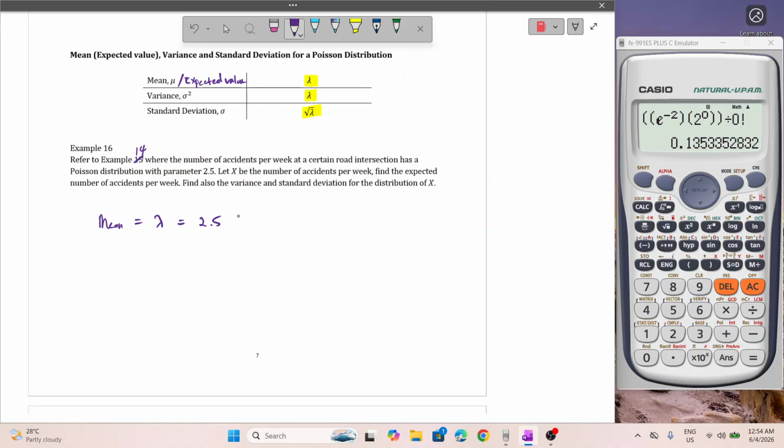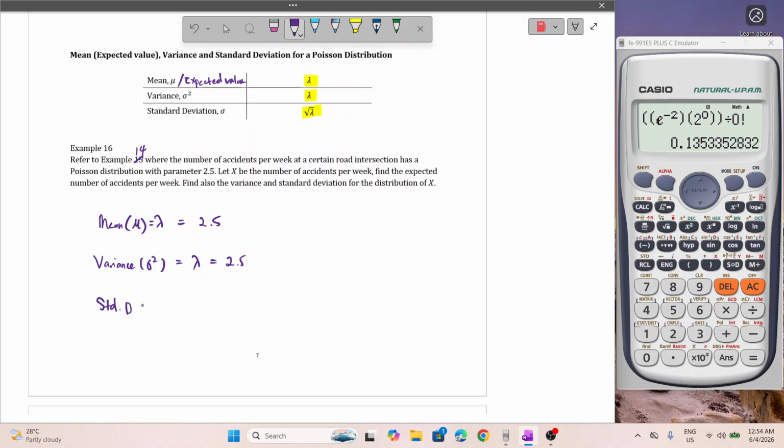And the variance is also equal to lambda. Oh, by the way, do not forget the symbol. Variance is also equal to lambda, which is 2.5.